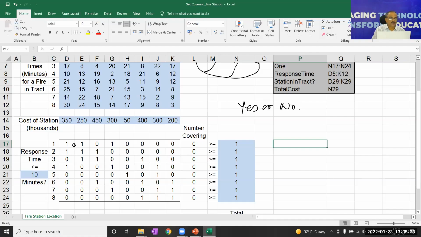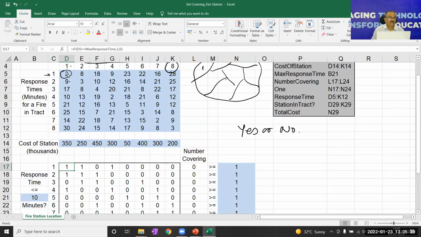So you can utilize an if statement, and based on the value, if it is less than or equal to the response time, you have a yes decision. If it is greater than 10, you have a no decision.